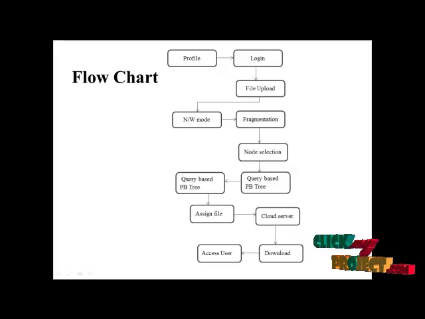So here we use a query, a select star from query, some SQL query, to retrieve our data from the database. The files are assigned to particular nodes, and all nodes are stored in the cloud server.